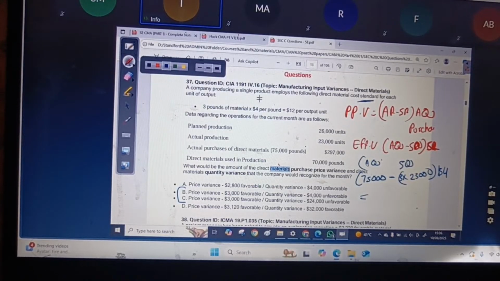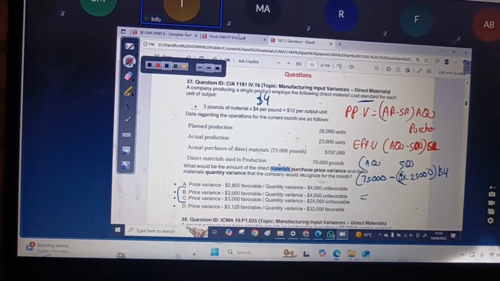Per pound it is costing 4. That is this formula. 75,000 minus 69,000 multiplied by $4, we get $24,000. Favorable or unfavorable? Unfavorable.